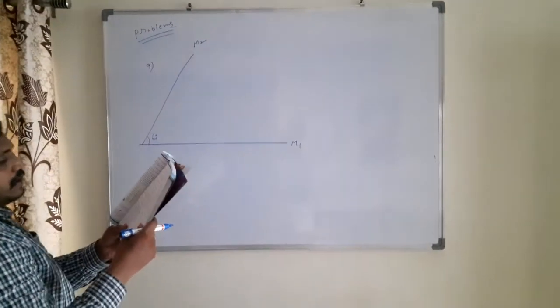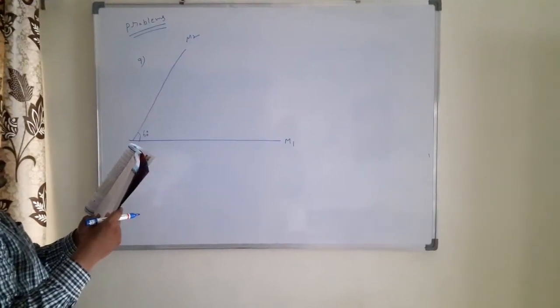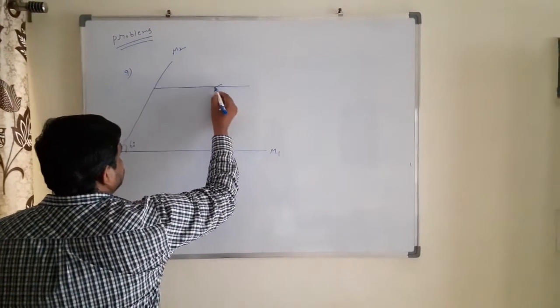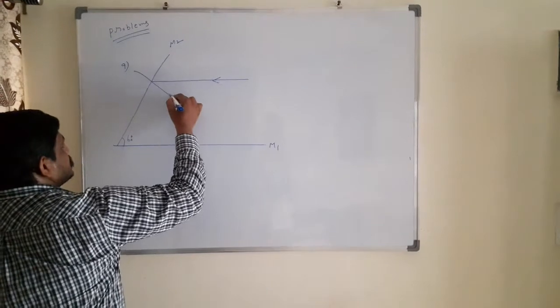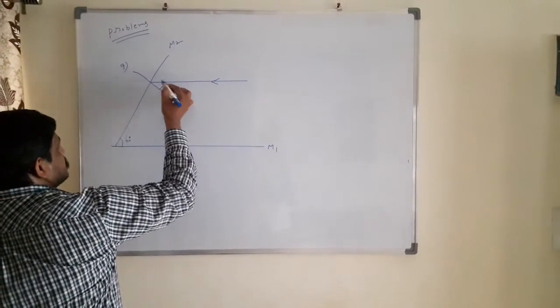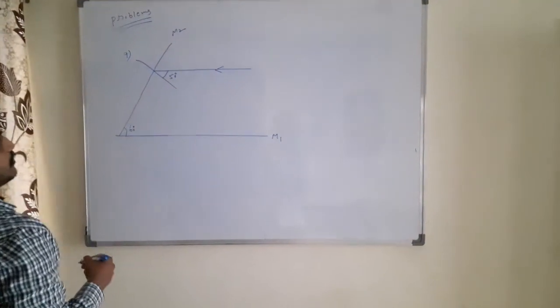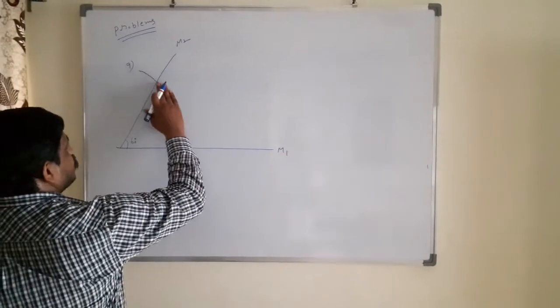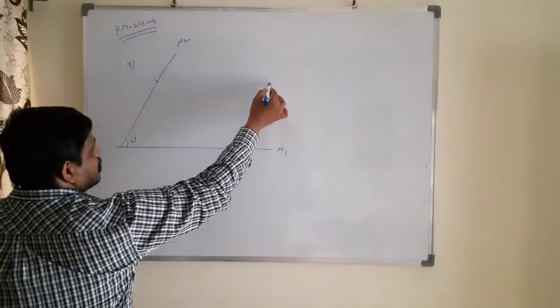Here a ray of light is incident at 50 degrees. For example, this is the light ray. The angle of incidence with the normal is given as 50 degrees. This is the first mirror, this is the ray.